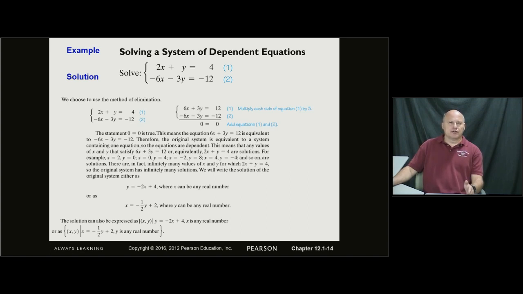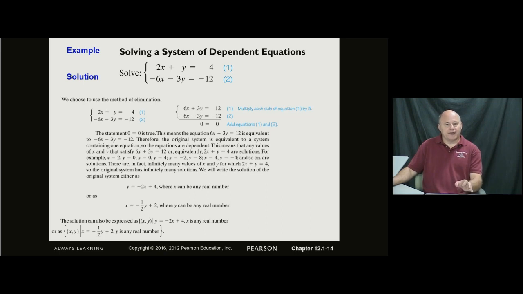So the solution is expressed as the ordered pairs x, y. So notice that they're not saying all ordered pairs. They're just saying the ordered pairs such that y is equal to negative 2x plus 4, where x is any real number. So if you take any real number for x, put that in for that equation, you get the ordered pair.